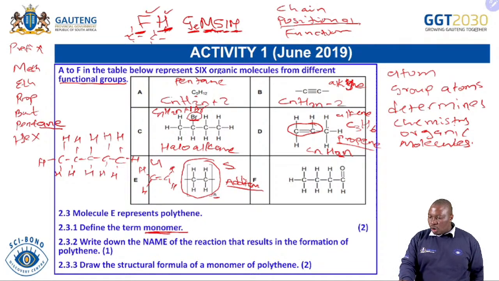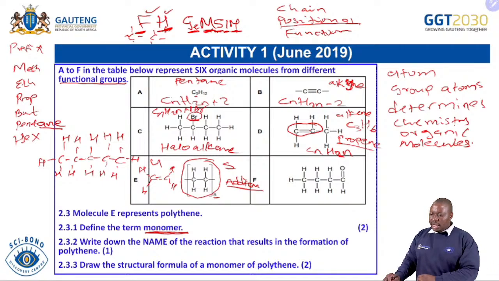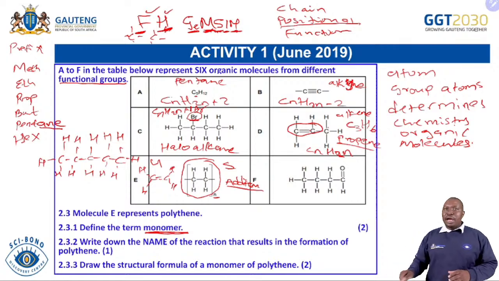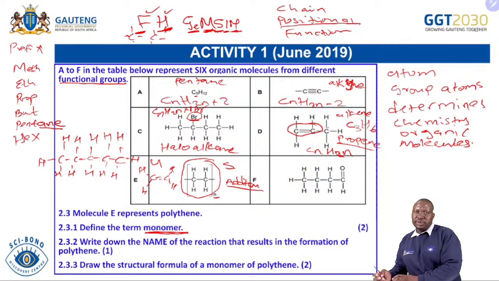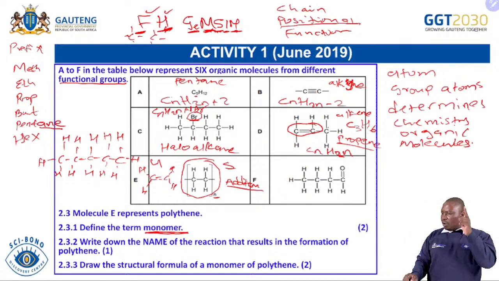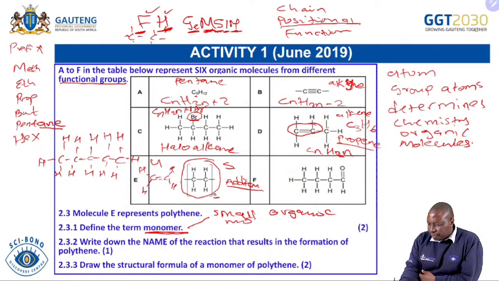We said these are small organic molecules that are covalently bonded together in a repeating format. So we have one of them added to another one, added to another one, added to another one. Then you are able to remember, oh, these are our monomers in a repeating pattern. They are small organic molecules.